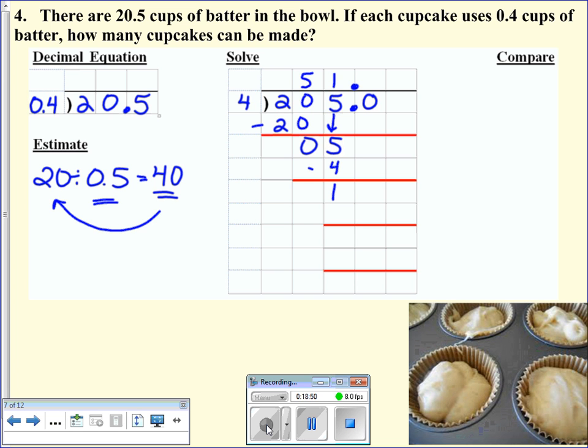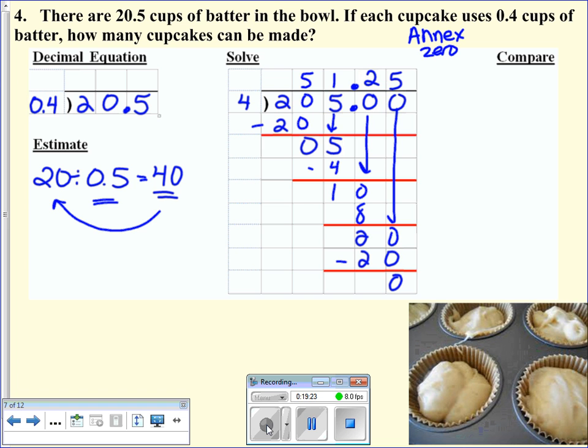Does anybody know what that decimal and a 0 is called? That's called an annex 0. Like on a building, when they add on an extension, it's called an annex. So that's called an annex 0. So then we could bring down, just put that on my desk, please. So then that goes in twice. 2, add another 0. 5. And then I can stop because I have a 0.